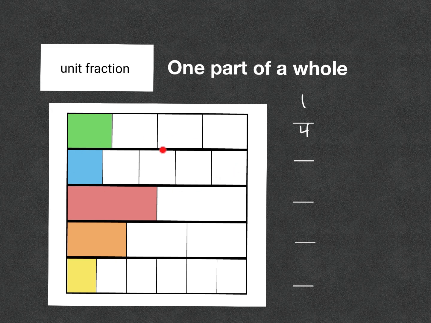For the second bar, 1 part shaded out of 5 total. For the third bar, 1 part shaded out of 2 total. For the fourth bar, 1 part shaded out of 3 total. And lastly, for the fifth bar, 1 part shaded out of 6 total.